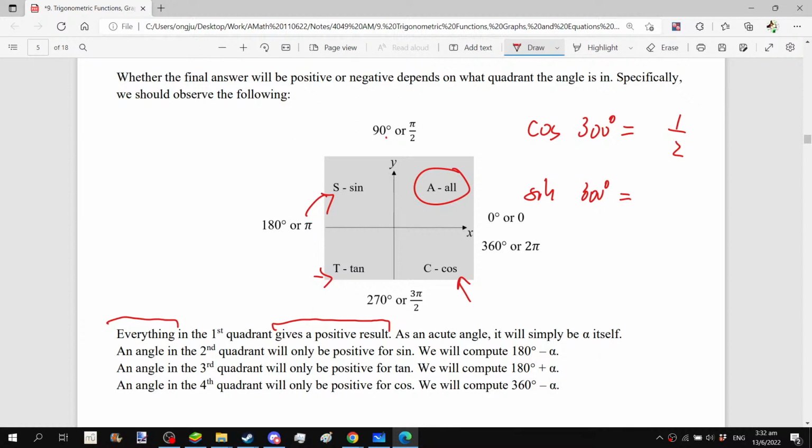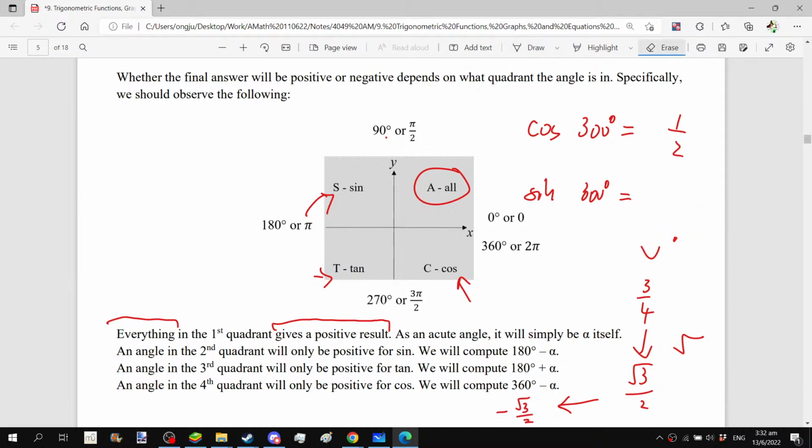If I type sine 300 into my calculator, I'll get negative 0.866. What I'm going to do is square this result, and it will give me 3 over 4. I'm going to undo the square by doing a square root, so we'll get root 3 over 2. And because we removed the negative, you need to add back a negative, and you'll get negative root 3 over 2.